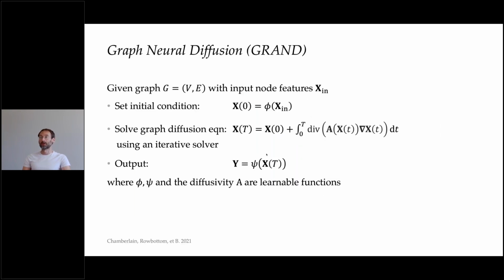And this is the framework that we call graph neural diffusion, or very modestly GRAND. You start with some initial features on the graph, then you solve numerically the diffusion equation for a certain time with a parametric diffusion function, and then you read out the obtained state of the system. And you optimize the parameters of the diffusivity function in a way that the task that you're trying to solve, such as node classification, is optimized.